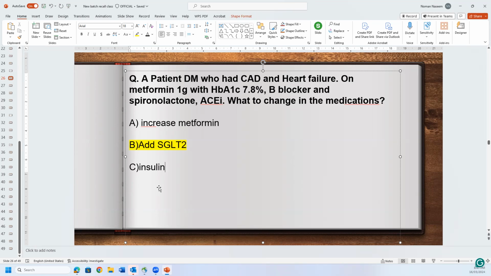Number 3 is the mineralocorticoid antagonist, which is spironolactone. And the fourth one is SGLT2, which is dapagliflozin. It has effect on the remodeling of the heart, strengthens the heart, and helps the heart to get over the heart failure.